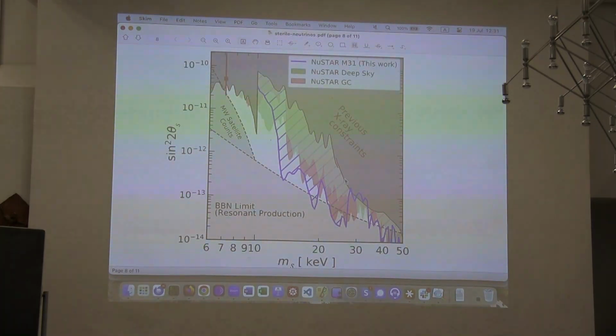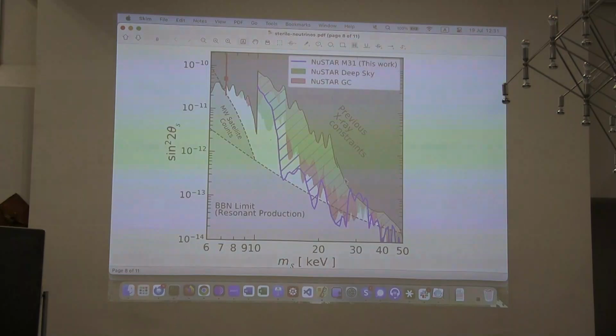What you can also see there is this data point with the error bar in the upper left-hand corner of the plot. There was for a while, or well, there actually still is, an unexplained X-ray line that has been observed in some of these data sets. For a while, some people very strongly advocated for explanations of this X-ray line in terms of sterile neutrino dark matter.